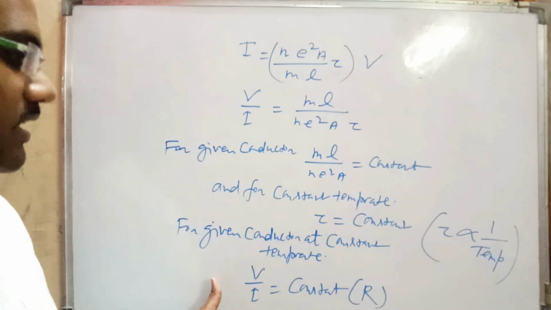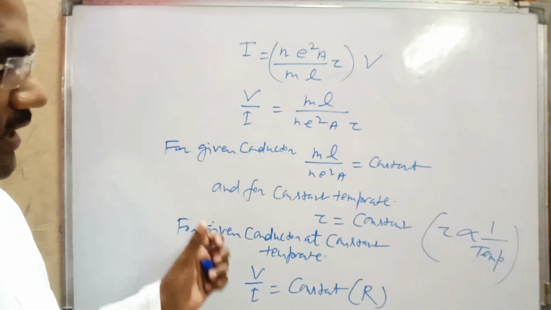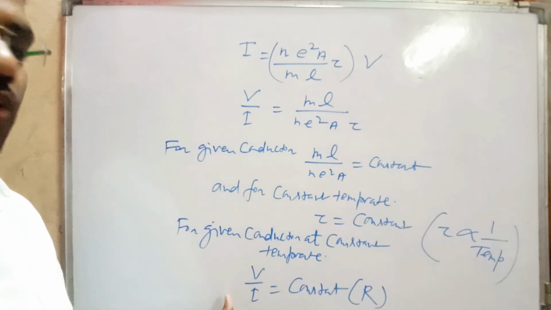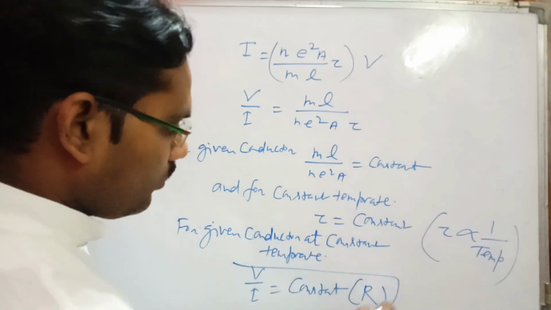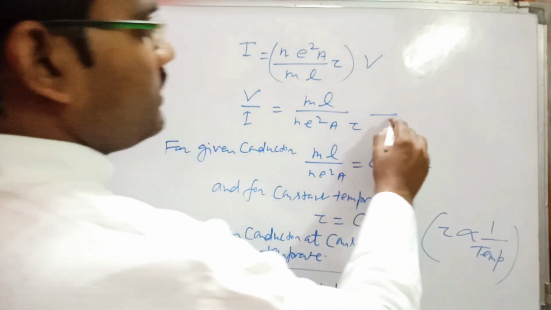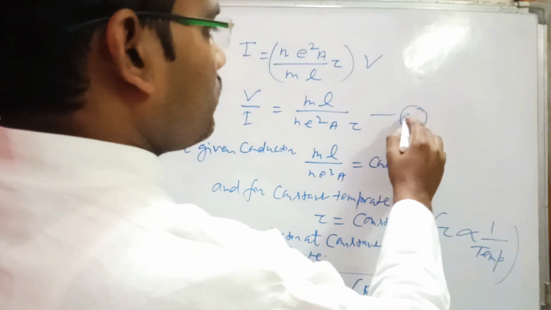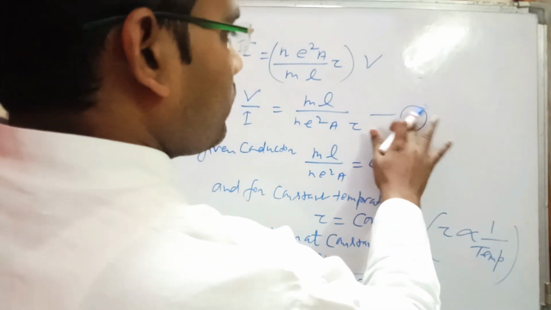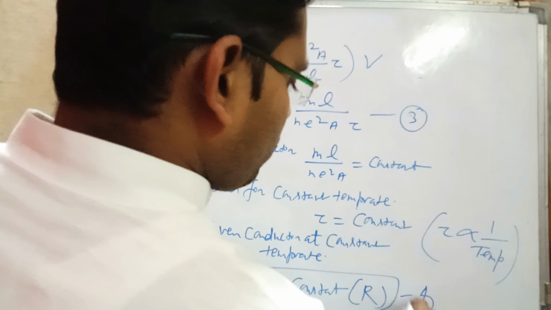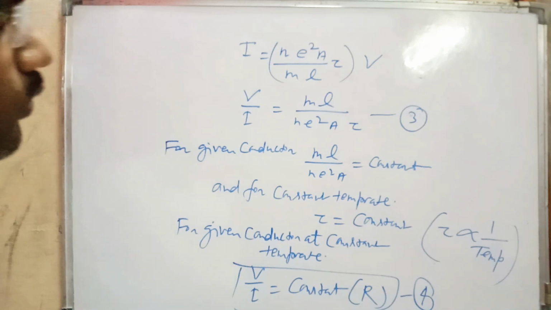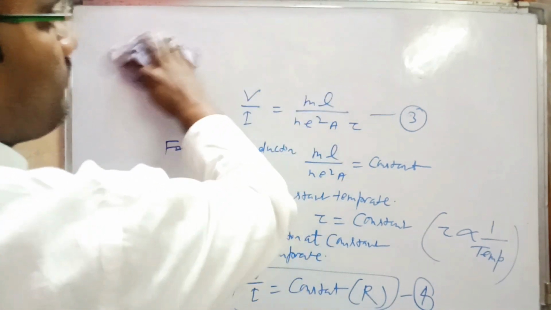That means here we have performed the proof of Ohm's law. So this one is Ohm's law. This one is equation number 1, this one is equation number 2, this one is equation number 3, and this one is equation number 4. Now equating equations 3 and 4, what happens?